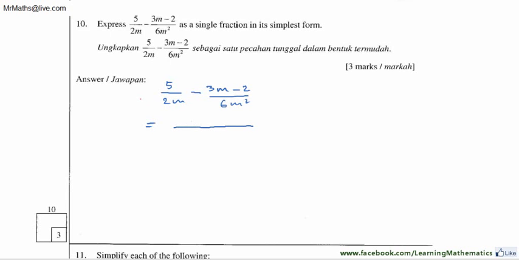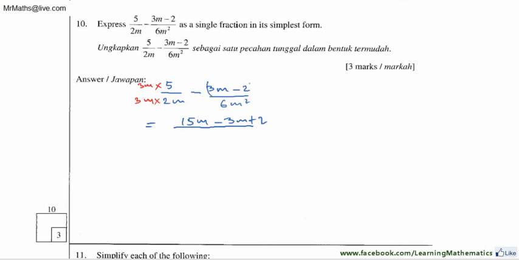So over here we need to multiply with 3m, right? So 3m multiply with 2m becomes 6m squared. So up here as well we need to multiply with 3m. Alright then. So 3m with 5 becomes 15m, and minus 3m plus 2. Why?